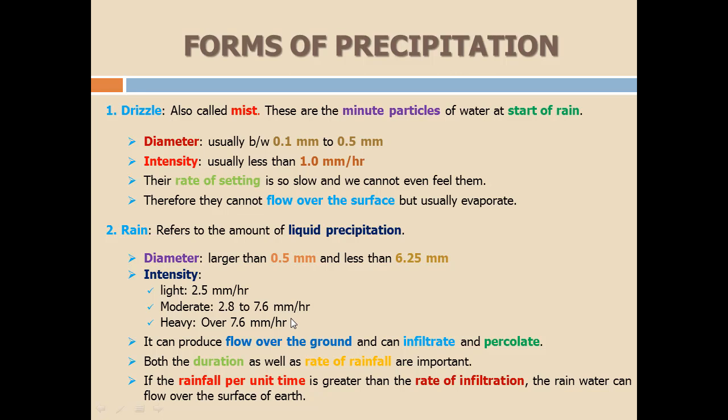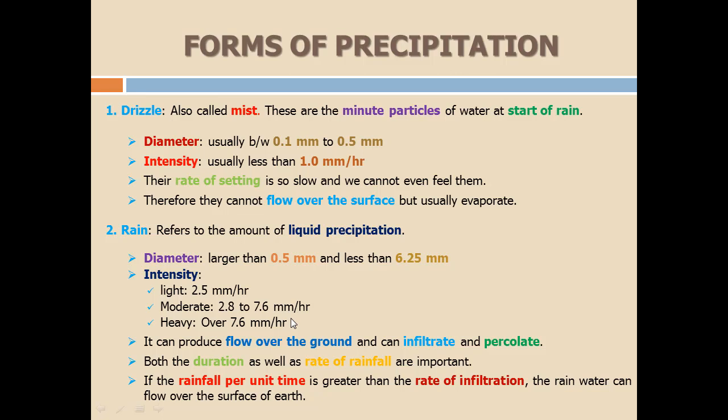You know, rain can produce flow over the ground and can infiltrate and percolate. All these terms were already discussed in the first lecture. Both the duration as well as the rate of rainfall are important.